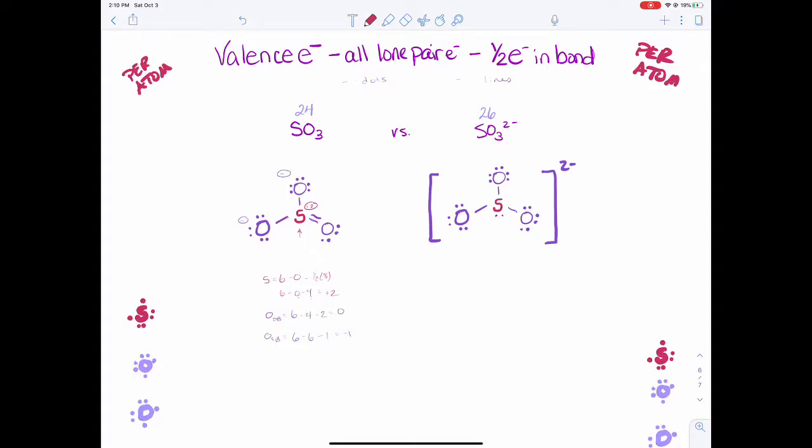This is a compound whose formal charge could be improved. Now let's look at the one on the right. Sulfur, 6 valence electrons minus 2 dots, or 2 electrons in a lone pair, minus 3 bonds. So that's +1.